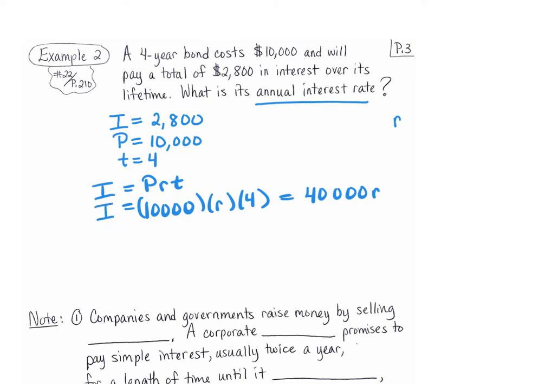So we have I is equal to 40,000 R, which means, just so you can see it a little bit better here, it's 40,000 R, so you can divide both sides by 40,000.